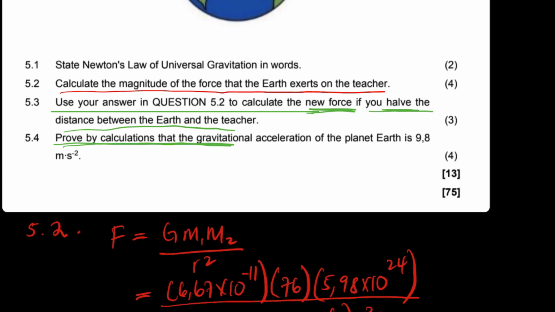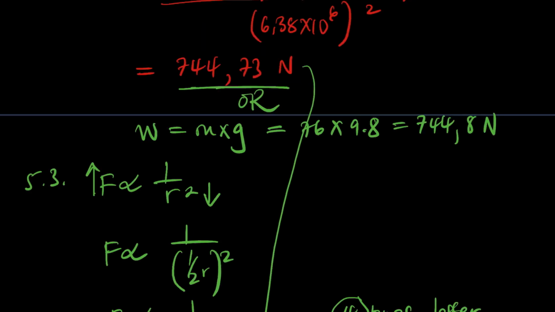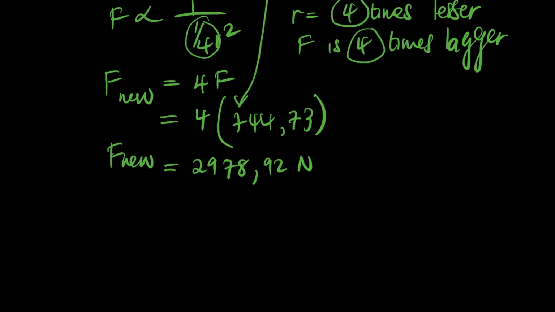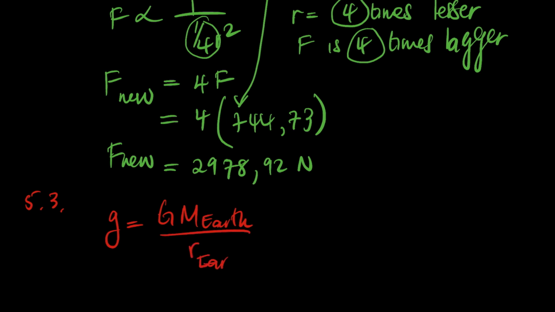Now it says prove by calculation that the gravitational acceleration of planet Earth is 9.8 meters per second squared. Guys, I've covered that in my other videos. It's 5.3, so we prove it by the formula. g is equal to G times the mass of the Earth, divided by the radius of the Earth squared, which is 6.67 times 10 to the power negative 11.